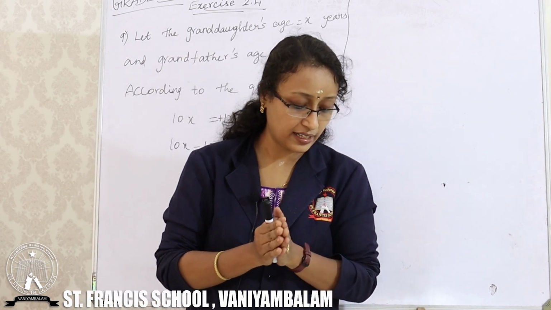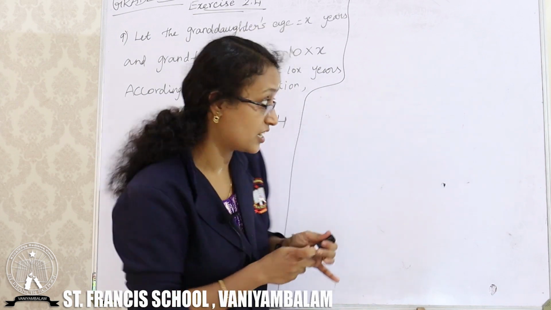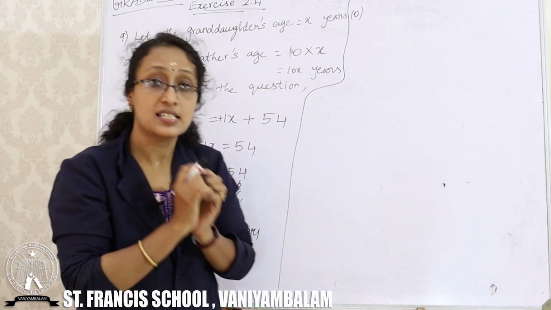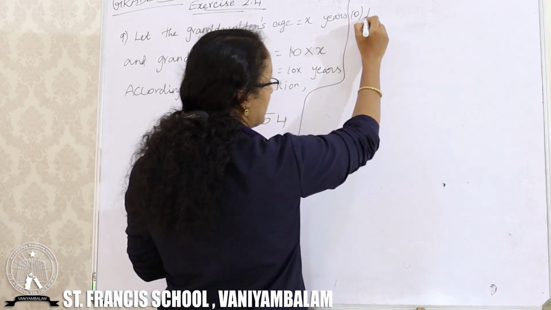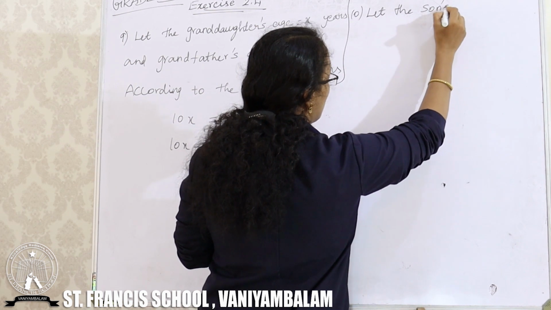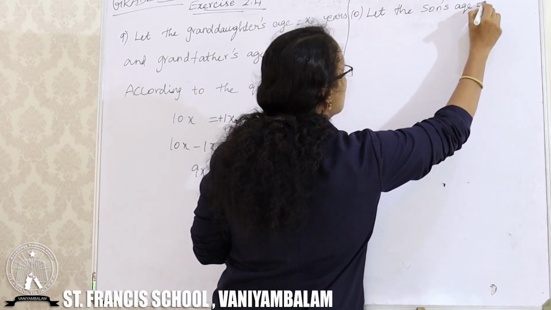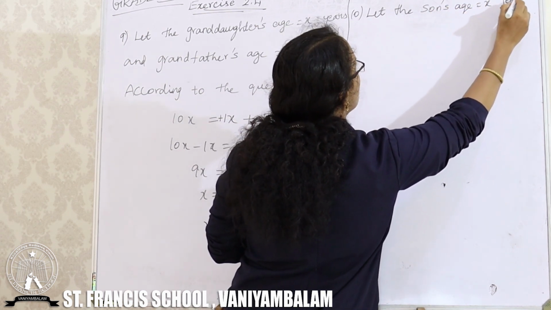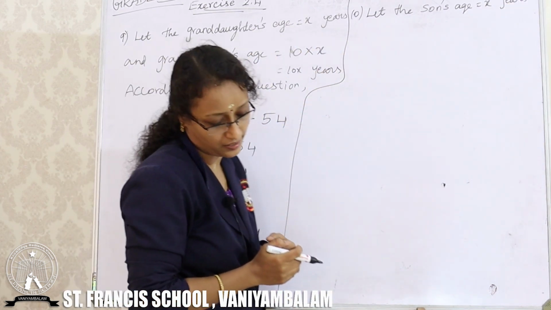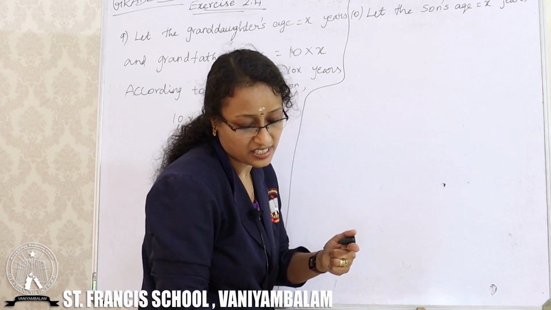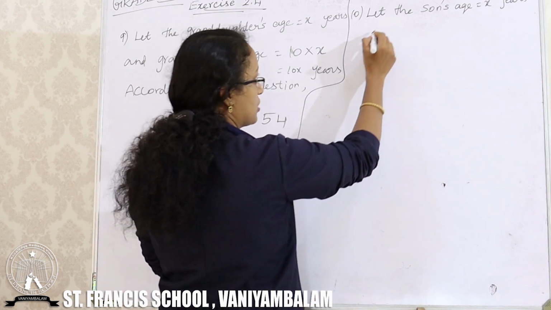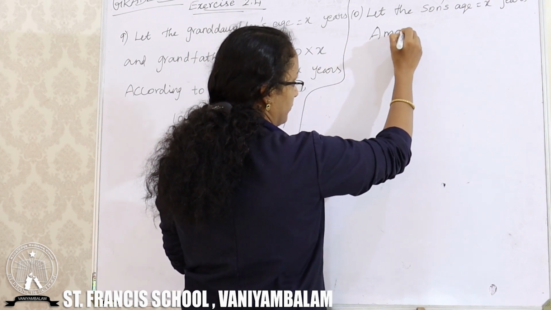Aman's age is 3 times his son's age. So let the son's age be x years. This is also an age problem, so write x years.